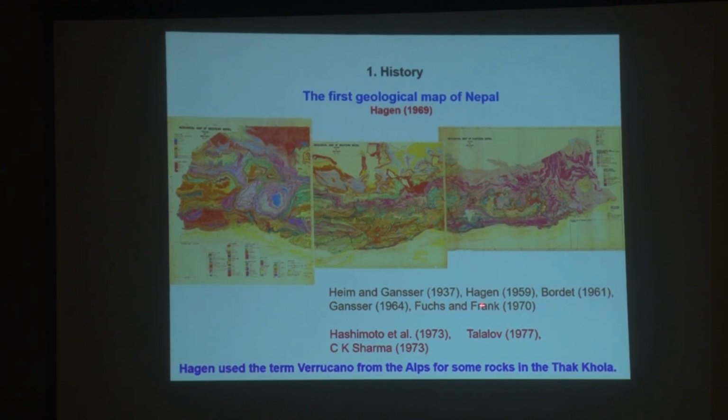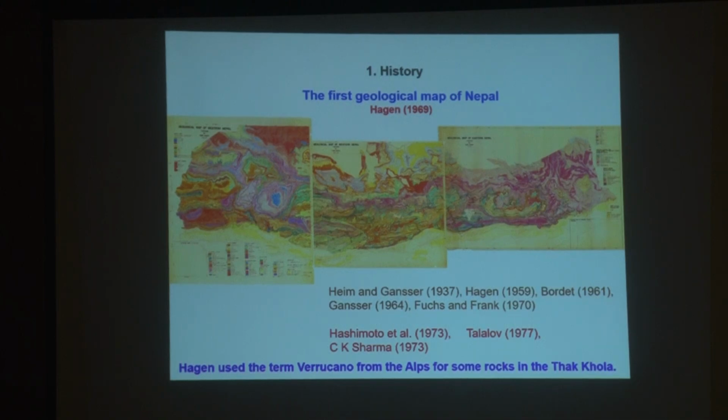Fuchs and Frank were of the opinion that there should be one unified stratigraphy throughout the Himalaya. Others like Hashimoto, Talalov, and C.K. Sharma didn't work on the stratigraphy of this area. Though Hagen had this variety of rock names, sometimes he borrowed names from the Alps, like Verrucano and others. These were some exotic names he borrowed from the Alps.